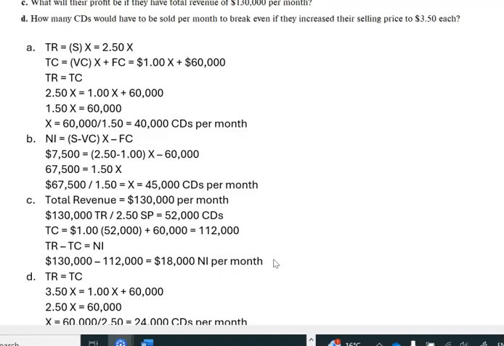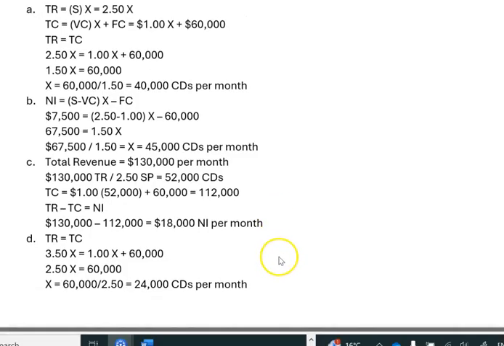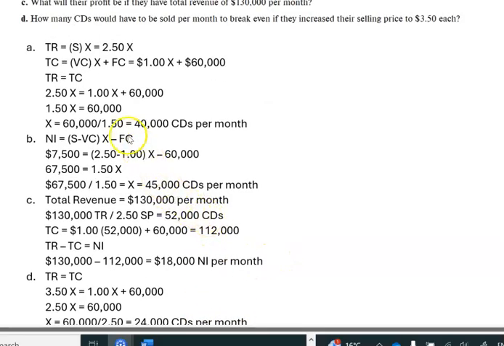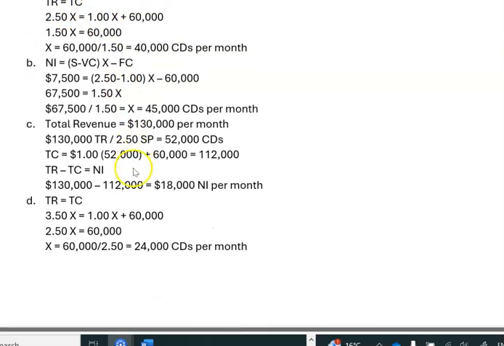Final question, D. How many CDs would have to be sold per month to break even if they increase their selling price to $3.50? Okay, so it's the same as A, total revenue equals total cost, except now our selling price is $3.50.